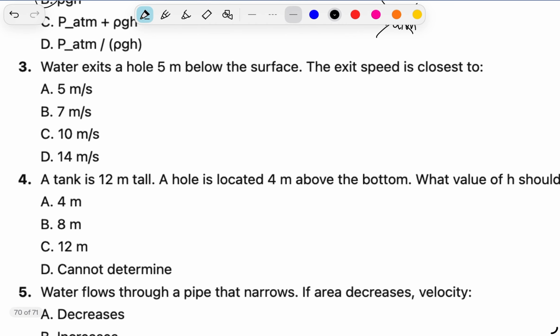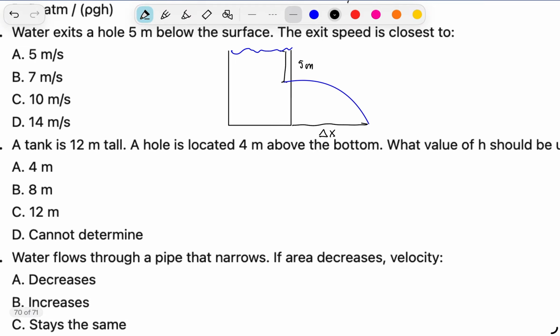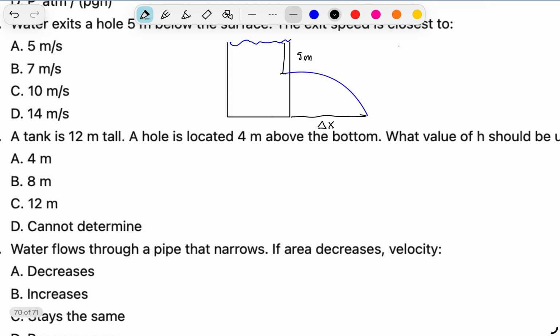Water exits a hole 5 meters below the surface. The exit speed is closest to what? So, if it's 5 meters below, this is 5 meters, and let's say the surface of our water is up here. The water is going to exit in projectile motion outwards, and it's not asked, but it will travel a range of delta x. So, Torricelli's theorem states that your exit speed is equal to the root of 2gh.